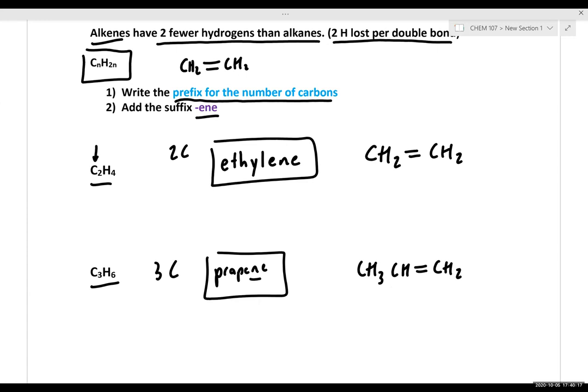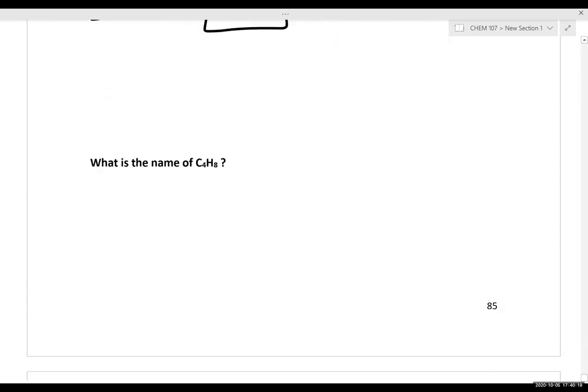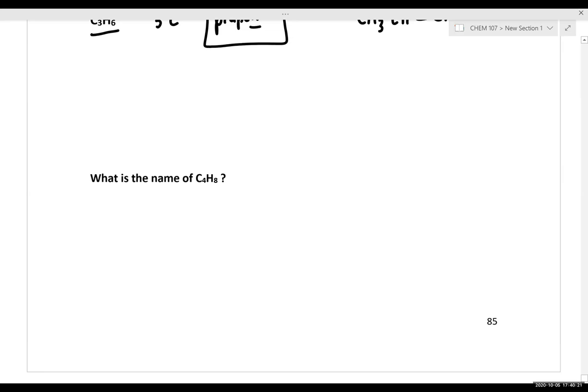To check, I'd like you to tell me, what is the name of C4H8? Would someone like to volunteer the name verbally or in the chat? Butene. Yep, exactly right. So 4 carbons, we use the prefix but.